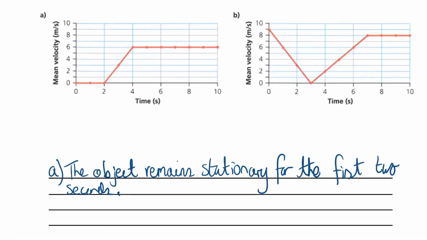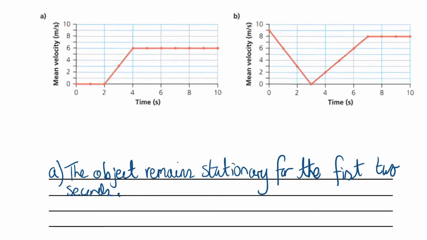I made a start underneath, and what I'll do at the end is colour code to show how each sentence relates to the different parts of the graph. So I just highlighted in yellow there: the object remains stationary for the first 2 seconds.